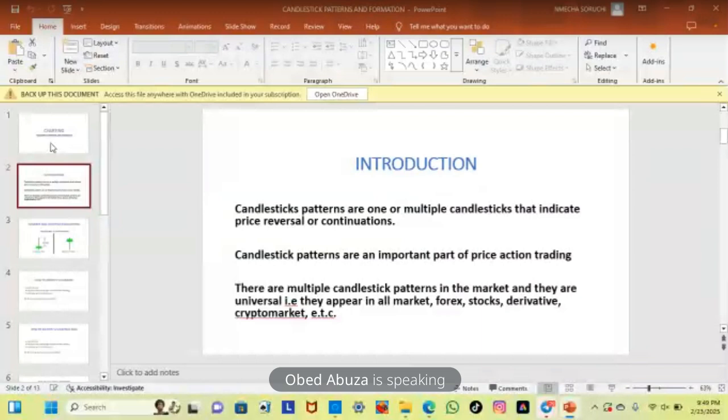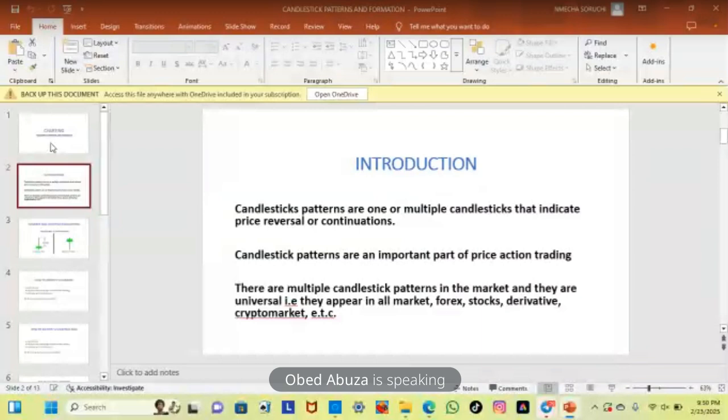There is no particular candlestick that is attached to forex. There's no particular candlestick that is made mainly for the crypto market. No, it is universal.